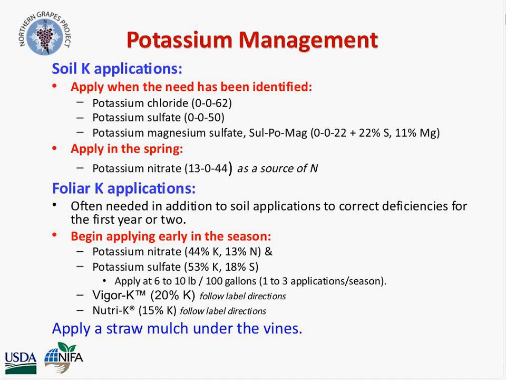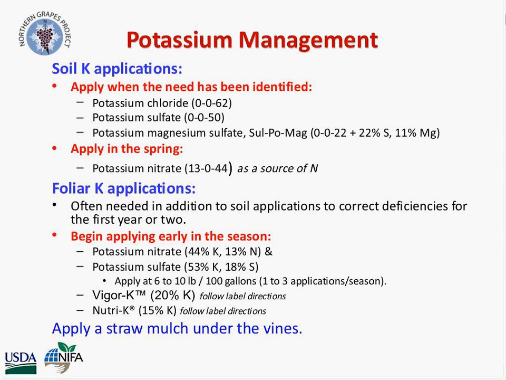Magnesium can be a problem on sandy soils, particularly when potassium has been over-applied. And here, if the soil pH is low, then of course dolomitic lime to raise the pH. If the pH is in the optimal range, then either magnesium oxide or Epsom can be applied.